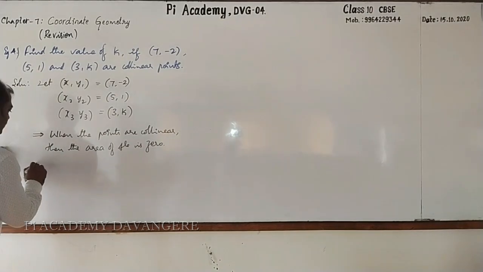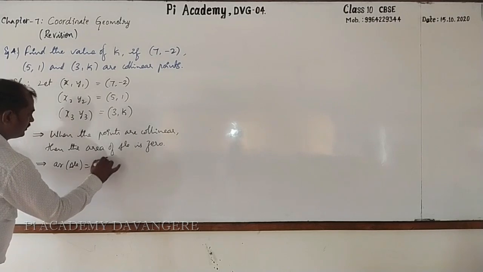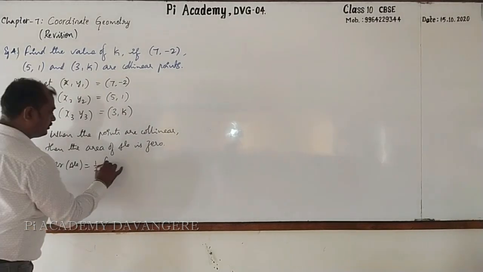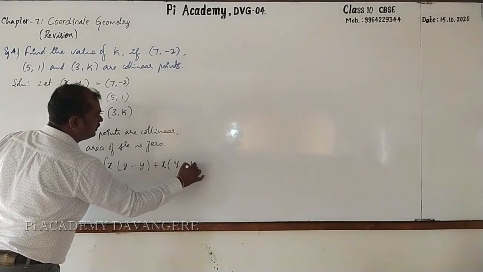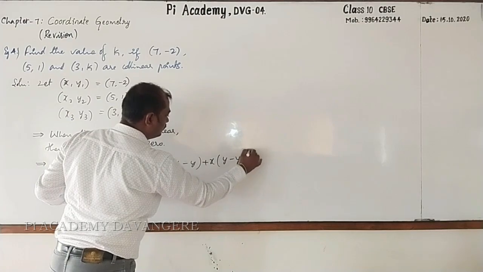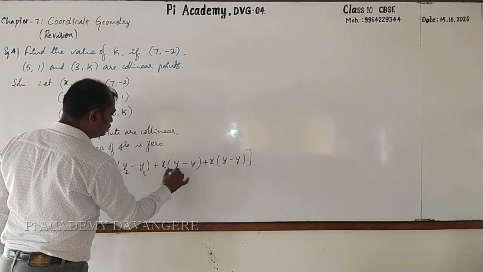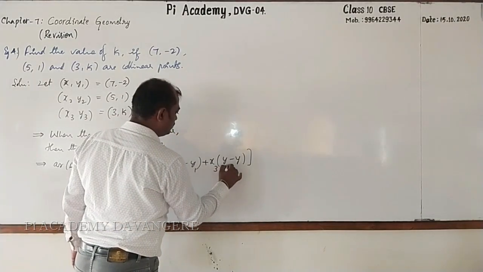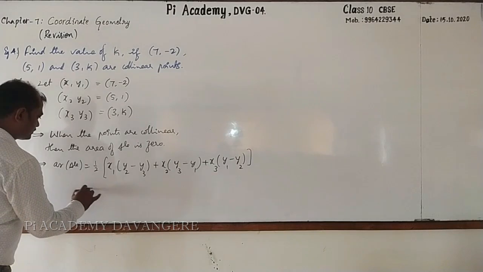Followed? Then let us go for finding the area of the triangle. Area of the triangle is equal to half into, write the formula, x1(y2 - y3) plus x2(y3 - y1) plus x3(y1 - y2). Write the cyclic numbers 1, 2, 3, 2, 3, 1, 3, 1, 2. Then go for taking substitution.